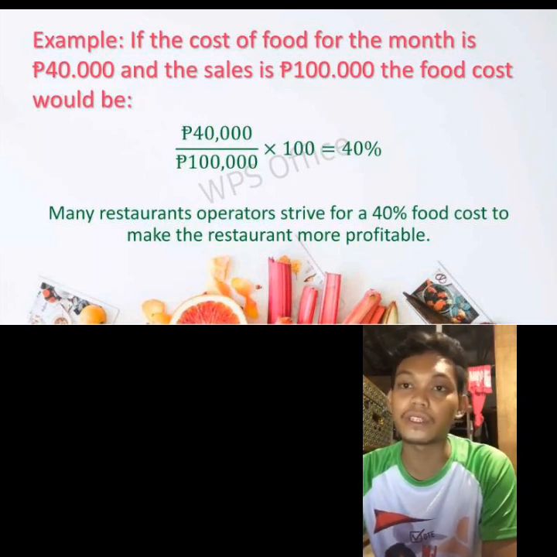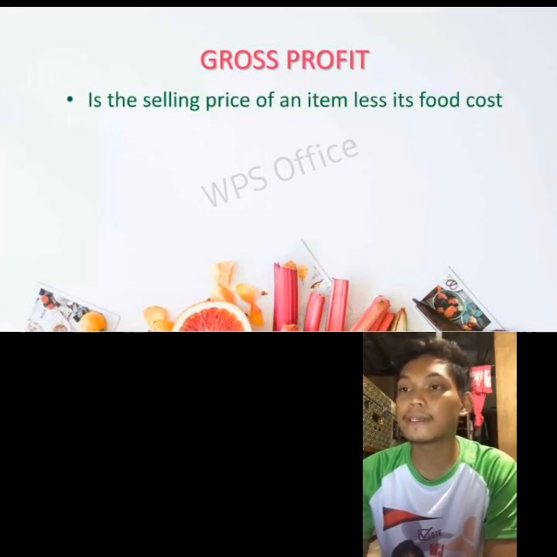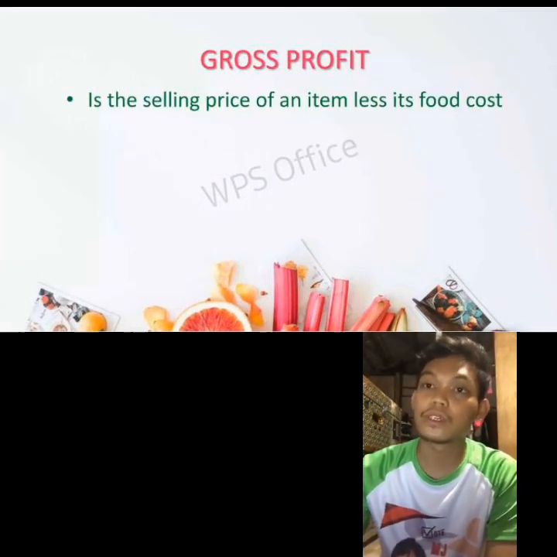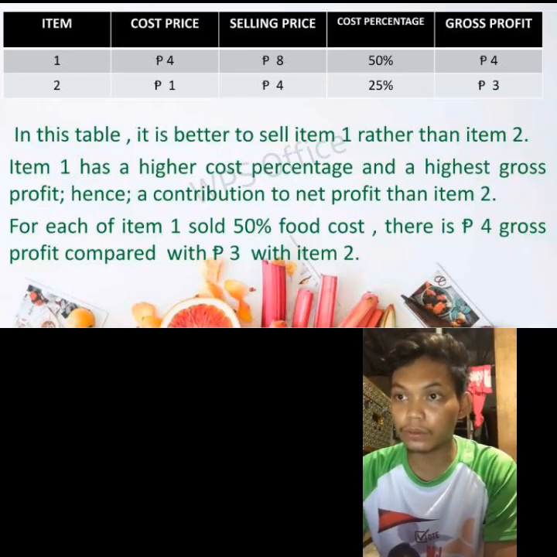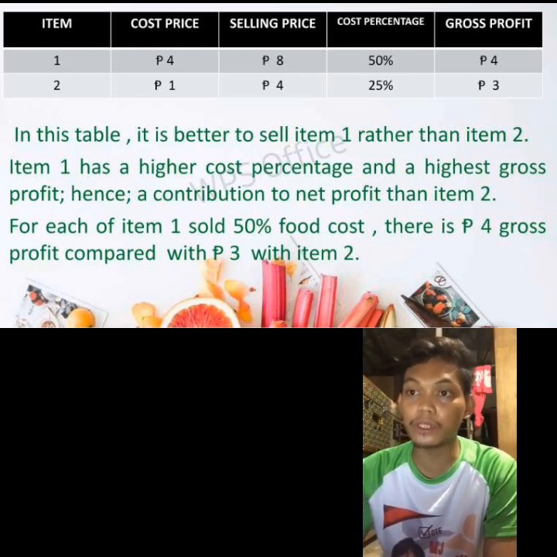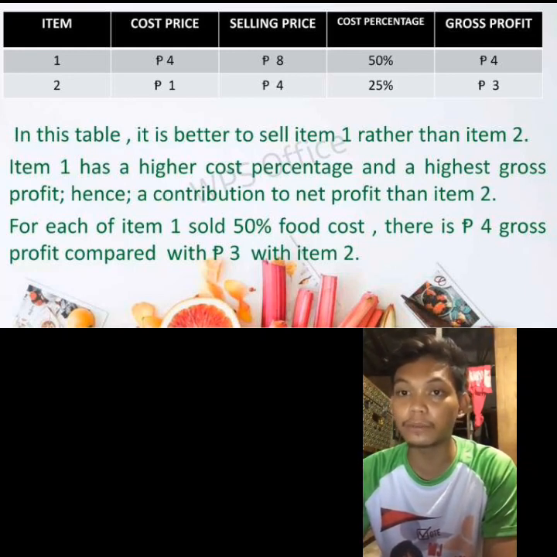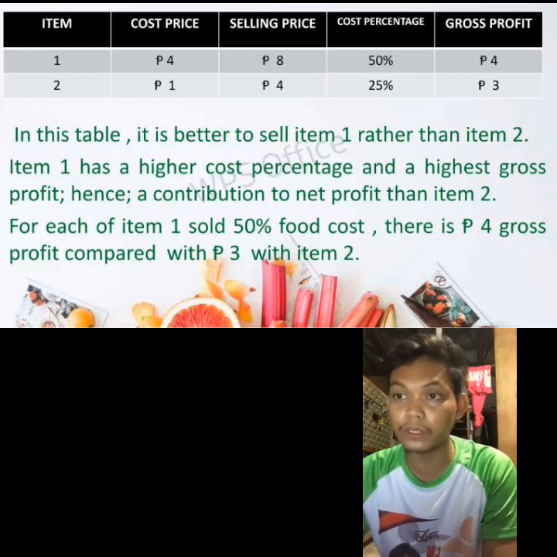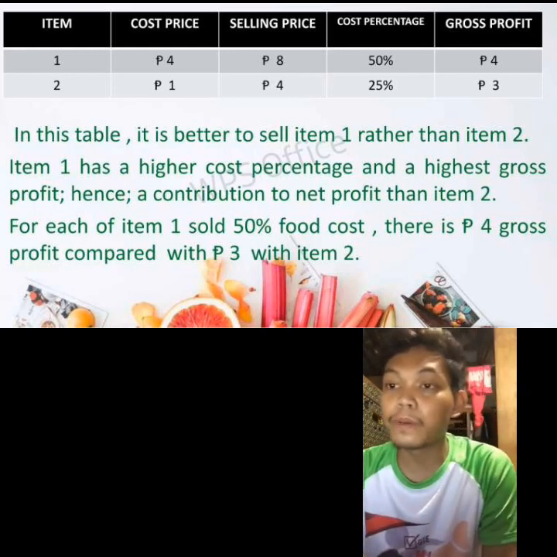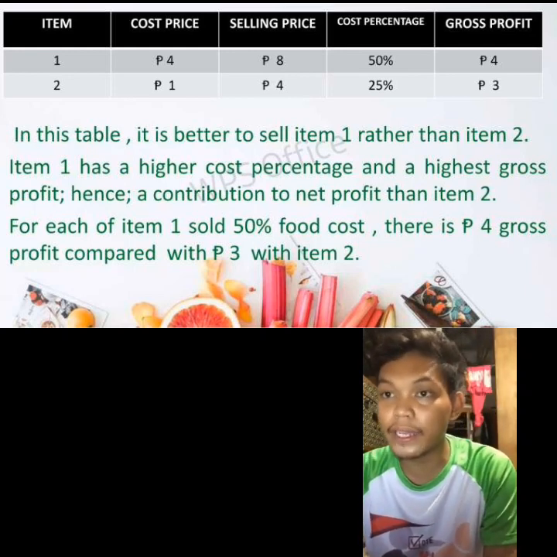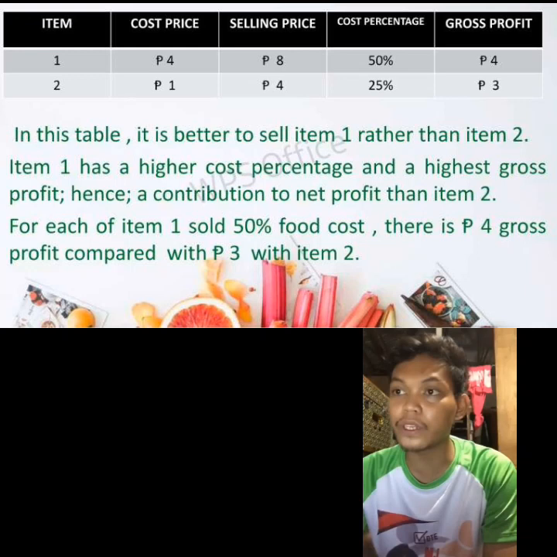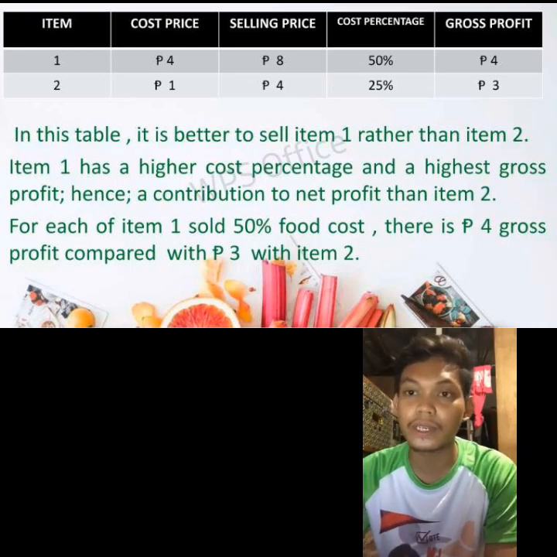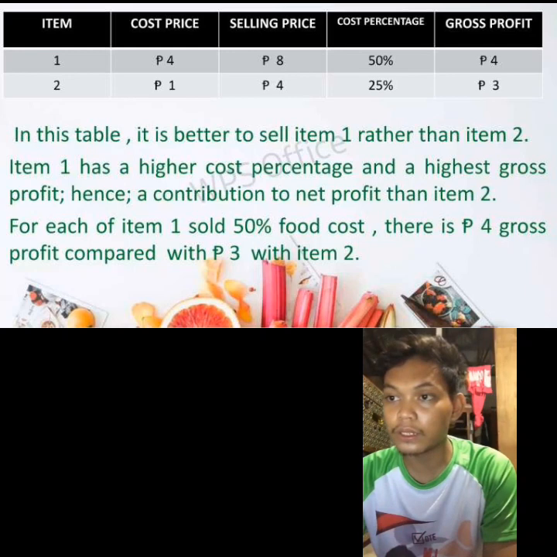Next is gross profit. It is the selling price of an item less its food cost. So this is the graph of food cost. In this table, it is better to sell item 1 rather than item 2. Item 1 has a higher cost percentage and the highest gross profit. The cost percentage of item 1 is 50%, and the gross profit of item 1 is 4 pesos, hence a greater contribution to net profit than item 2.